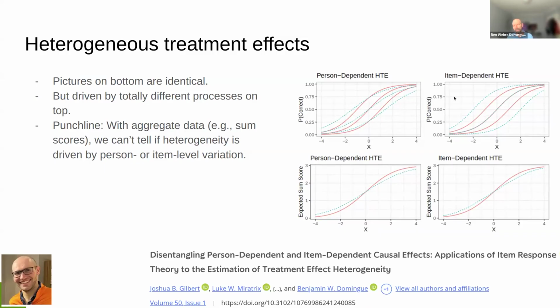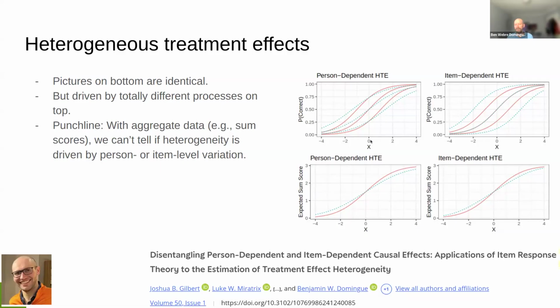And on the right, we have a scenario wherein items are differentially susceptible to treatment. And yet, if you're analyzing things based just on some aggregated outcome, right, a sum score, some kind of estimate from an IRT or factor analysis model, that kind of aggregate data is not going to let you identify whether the heterogeneity is at the person or the item level. And we think this is really quite important.